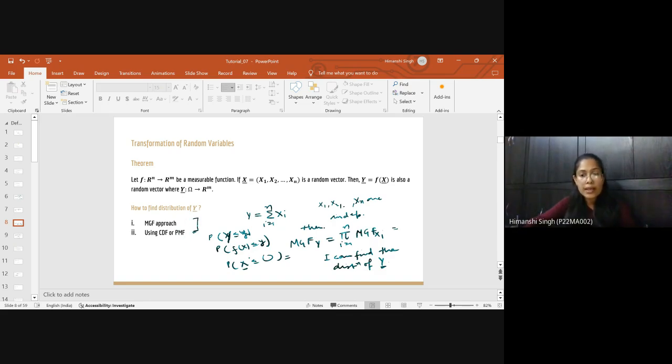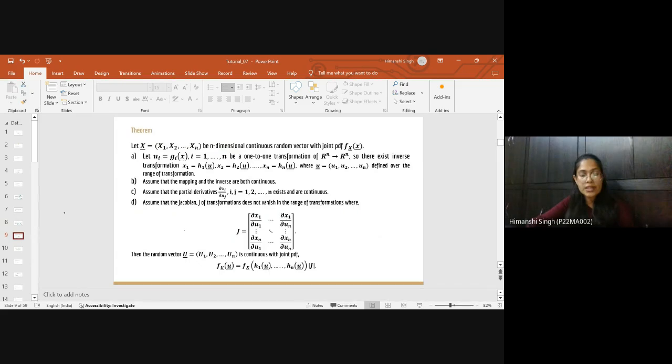However, to tackle this under certain assumptions, we have a theorem which we have already discussed for a function of a random variable. This is the generalized version: if in place of a random variable we have a random vector, how does this theorem look? Suppose we have the random vector x1, x2, ..., xn, which we consider to be a continuous random vector with joint PDF f_X.